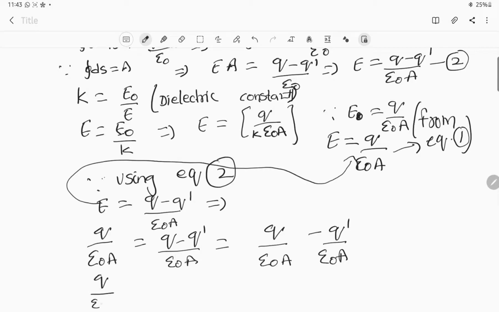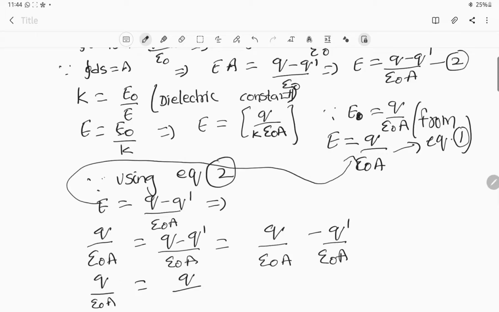Q by epsilon naught A is equal to Q by K epsilon naught A, minus Q dash by epsilon naught A. So this is what we have calculated here, with K here, K here.